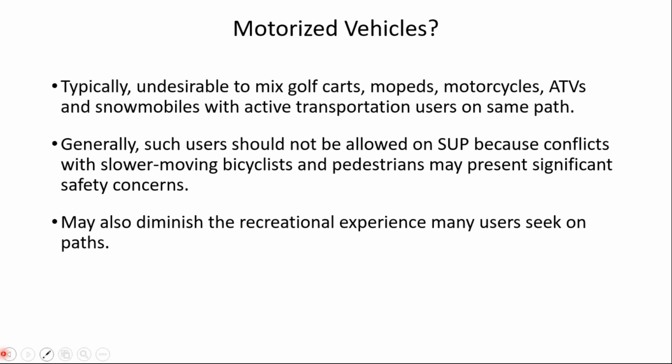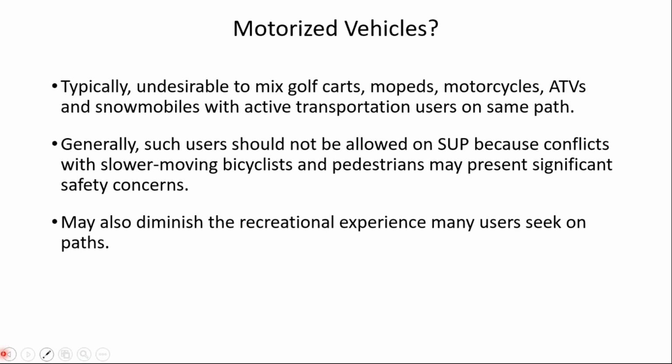One concern that comes up is, what about motorized vehicles? It could be electric vehicles, or it could be conventional vehicles. It could be golf carts, mopeds, motorcycles, ATVs, snowmobiles on trails that are intended for non-motorized users.